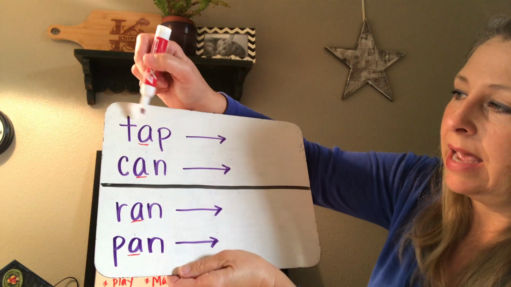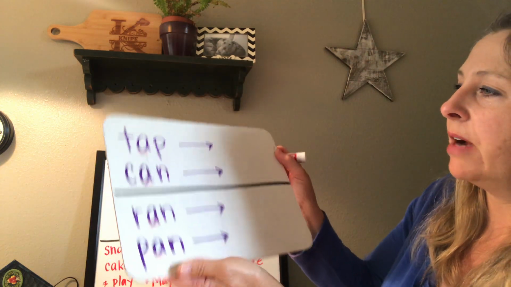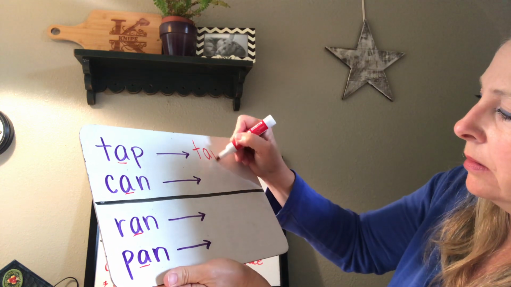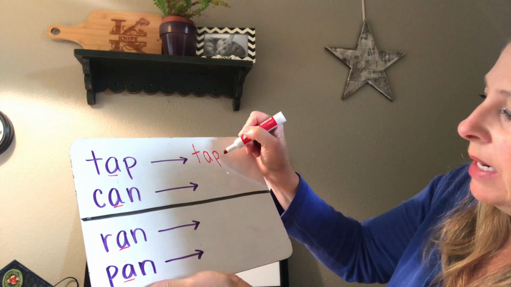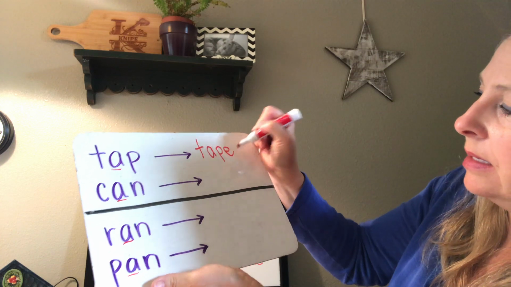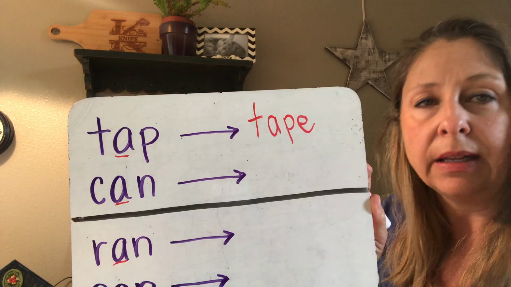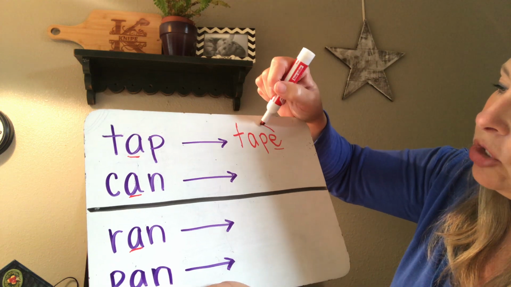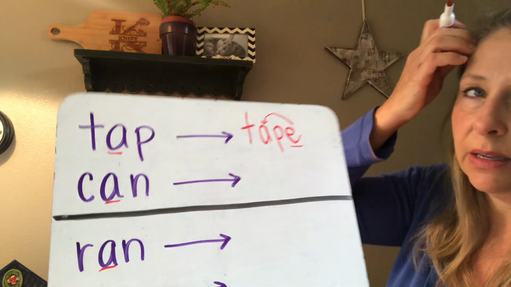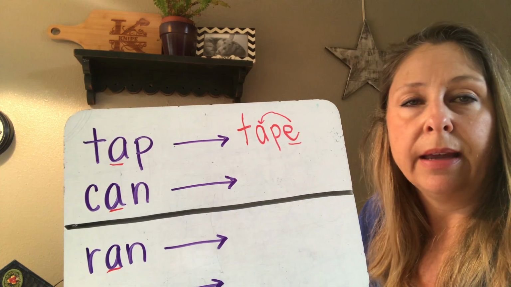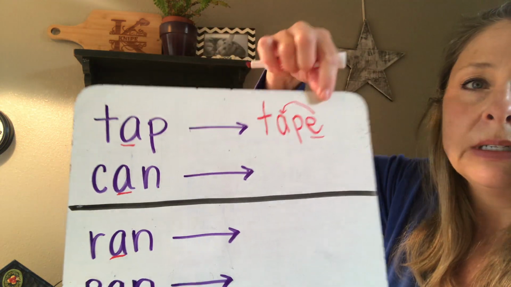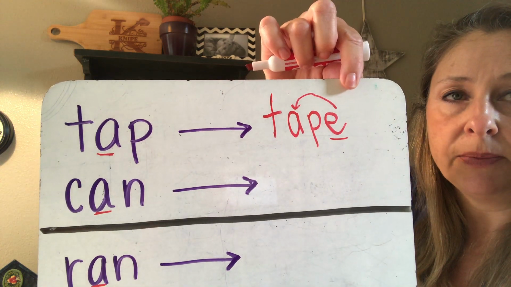So if I take tap and I write tap, but I put an E on the end of it, this is the silent E rule. So this silent E right here is changing this A from saying ah to A. So tap with no E to tape with an E, okay?